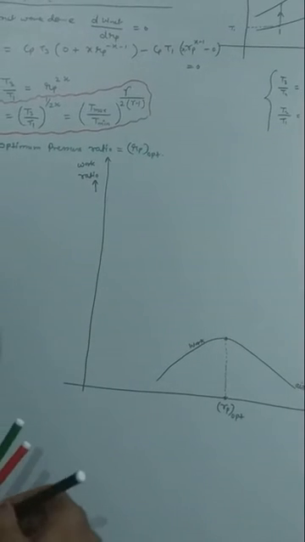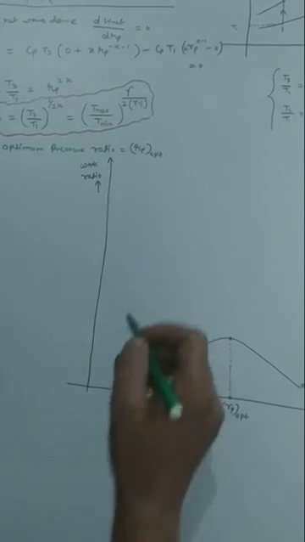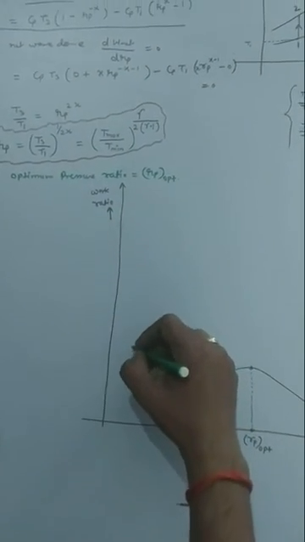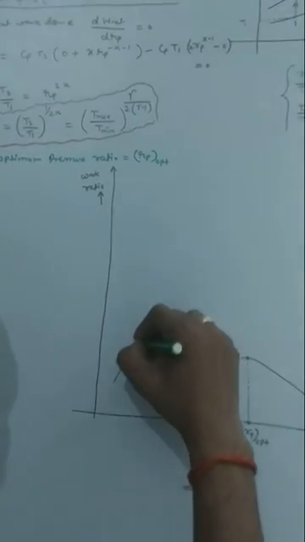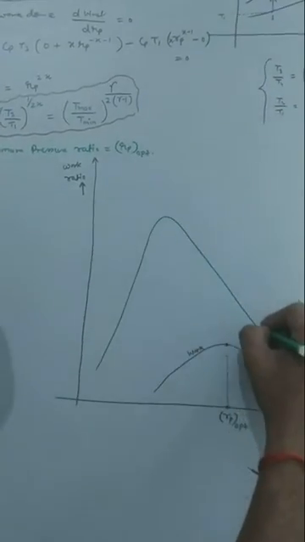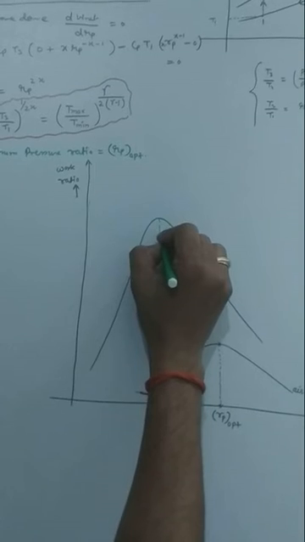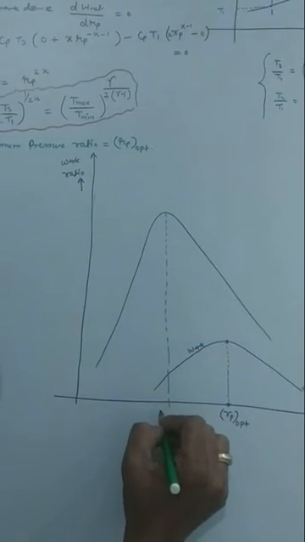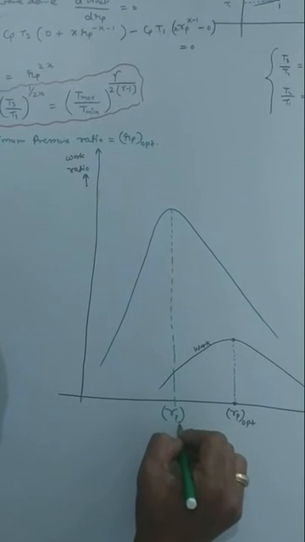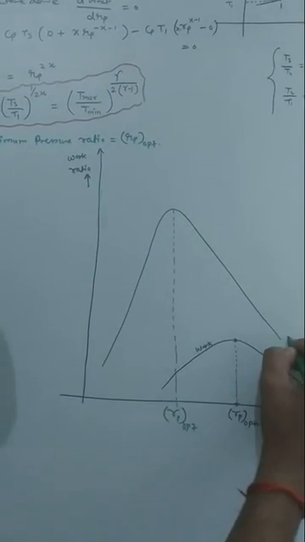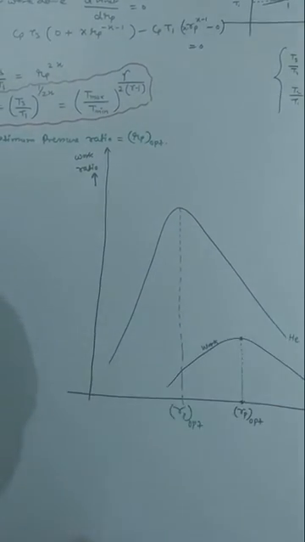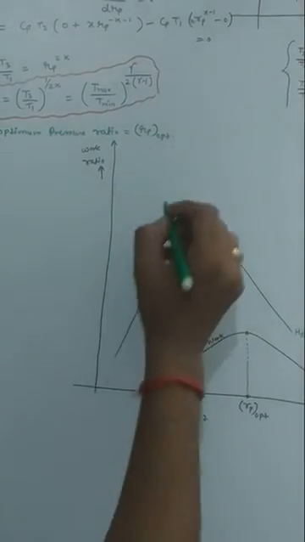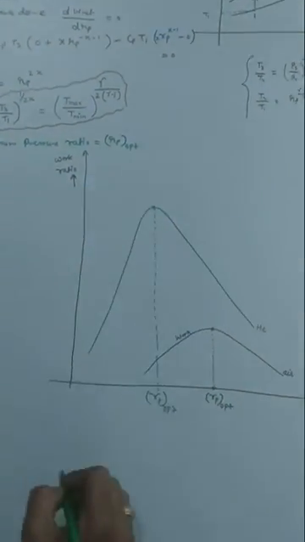If we draw the graph for helium, then we get the curve like this, and this is the Rp optimum for helium. This is another gas, the working substance.